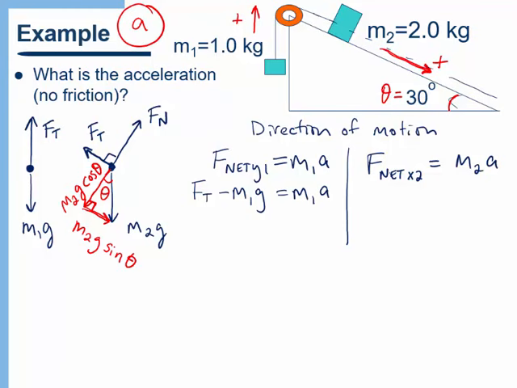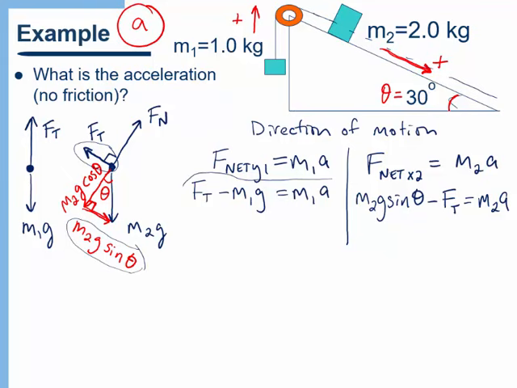For object number 2, down the incline, we have this force, m2g sine theta, but then along the incline in the upward direction, we have Ft. Therefore, we would have m2g sine theta minus Ft, and that equals m2a.